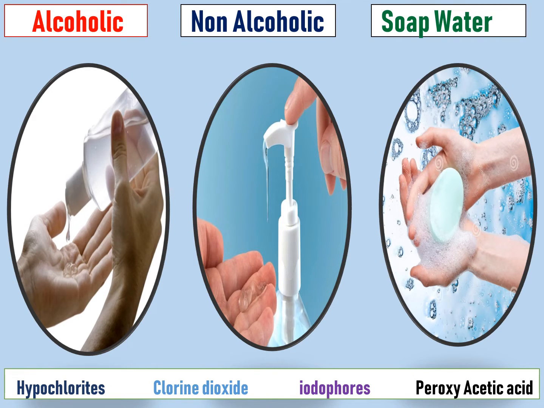This is also very, very important. Some of these sanitizers are alcohol-based, as you are looking at here, and some are non-alcohol-based. That means the medium we use in the preparation of sanitizers. In alcohol-based ones, generally the medium is isopropyl alcohol, ethanol, or N-propanol, with a composition from 60 to 95%.